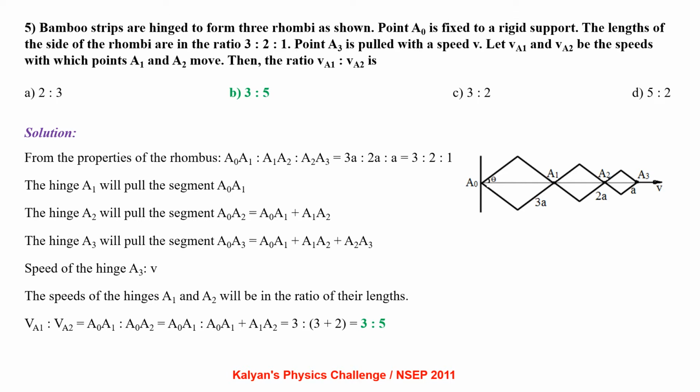The hinge A3 will pull the segment A0A3, that is equal to A0A1 plus A1A2 plus A2A3. Speed of the hinge A3 is given to be V, so the speeds of hinges A1 and A2 will be in the ratio of their respective lengths. So VA1 is to VA2 equal to A0A1 is to A0A2, which comes out to be 3 is to 3 plus 2, that is 3 is to 5.